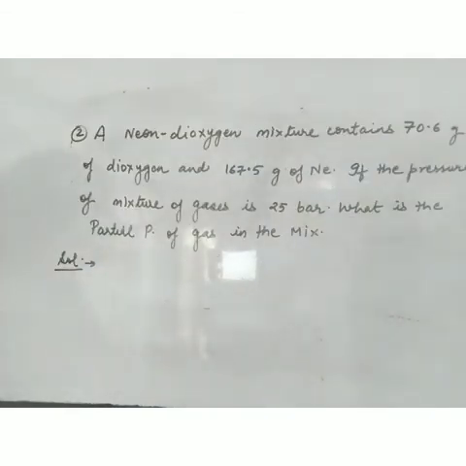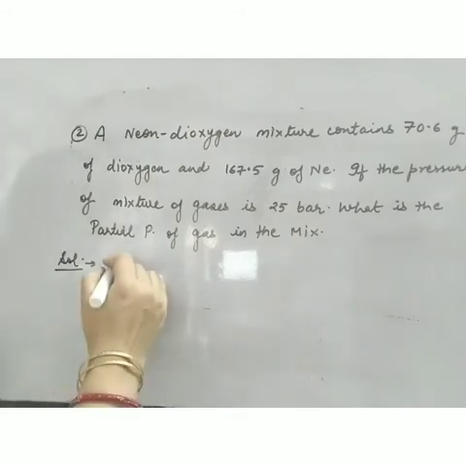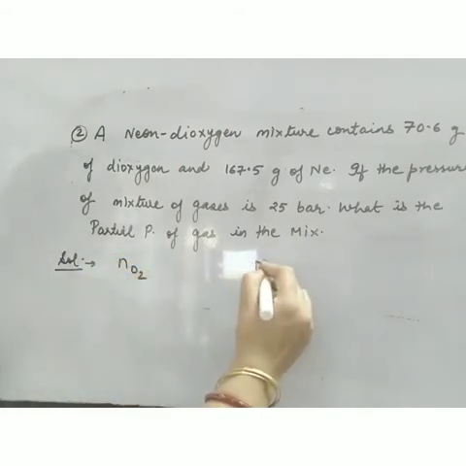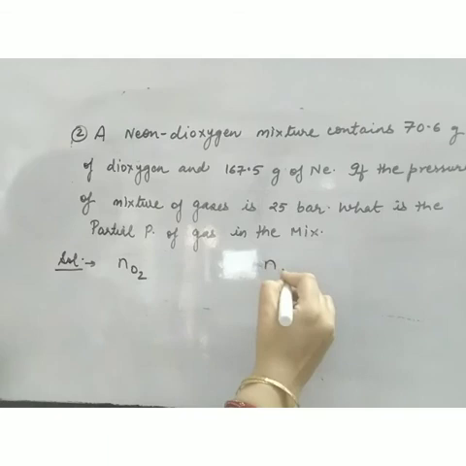Now the second type of question is: a neon dioxygen mixture contains 70.6 gram of dioxygen and 167.5 gram of neon. If the pressure of the mixture of gases is 25 bar, meaning the total pressure is given, what is the partial pressure of each gas in the mixture? So how to solve this question? First we'll calculate number of moles of oxygen and number of moles of neon.